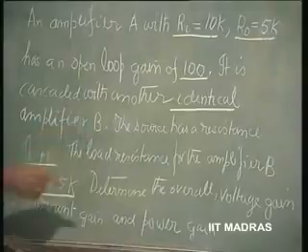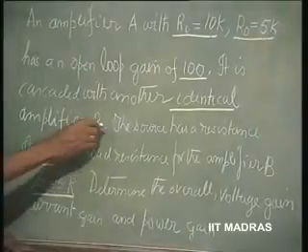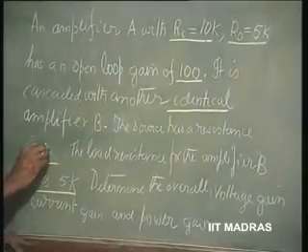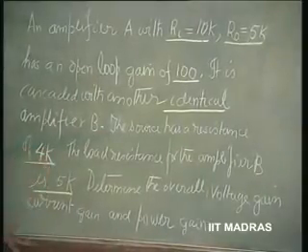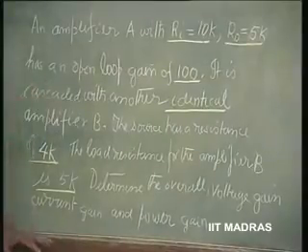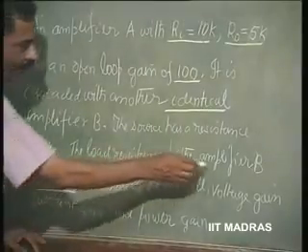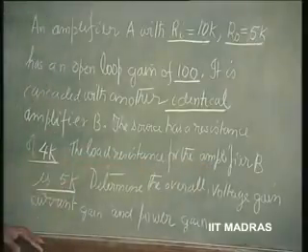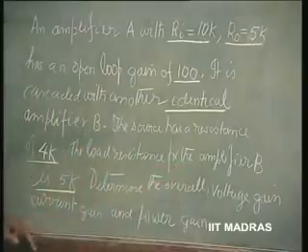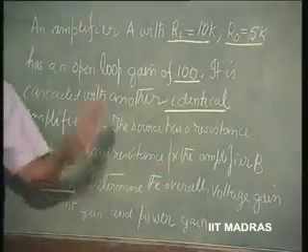We will call it B. The source has a resistance of 4 kilo ohm. This is the source driving the first amplifier. The load resistance for the amplifier B is 5 kilo ohm. Determine the overall voltage gain, current gain and power gain.